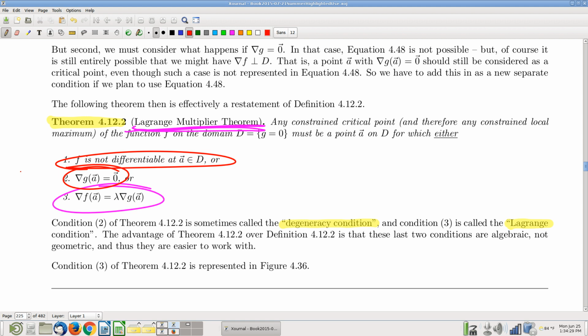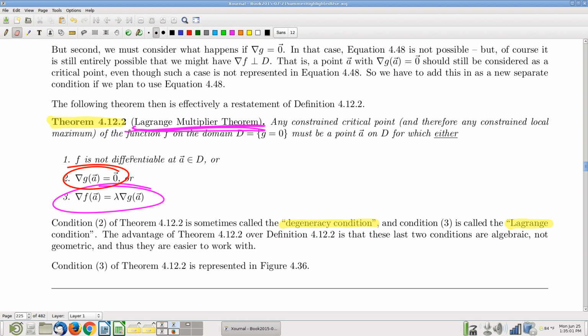If the gradient of g is the 0 vector, this could still be perpendicular to the surface, and the equation would fail simply because there's nothing you can multiply by 0 to get not 0. Right? So it's algebraic: the statement that this is a multiple of that is not technically quite the same as these vectors pointing in certain directions. So the geometric and the algebraic are not 100% equal. So anyway, you got to write down gradient of g equals 0 as a possibility as well.